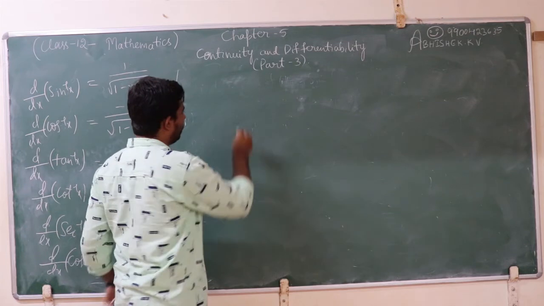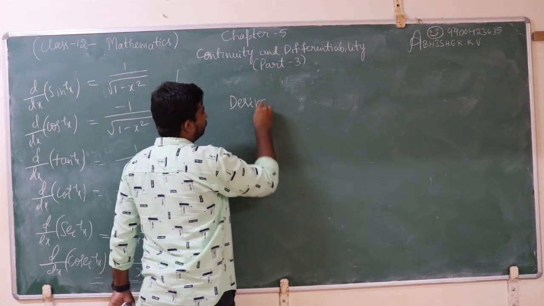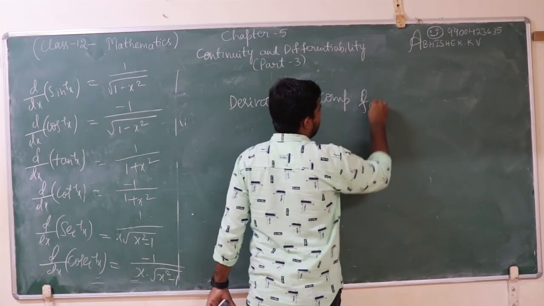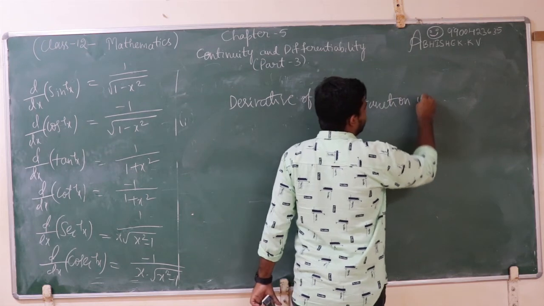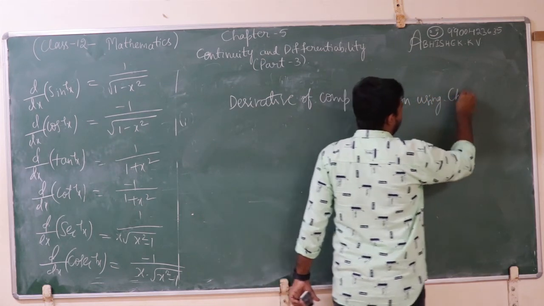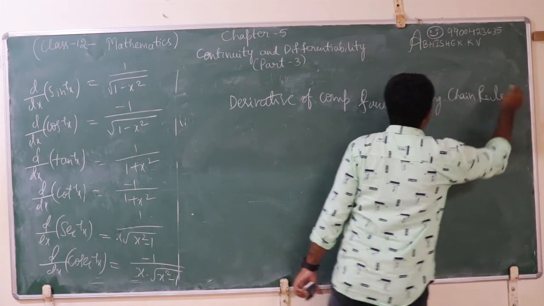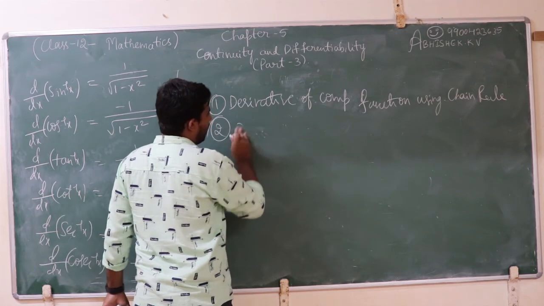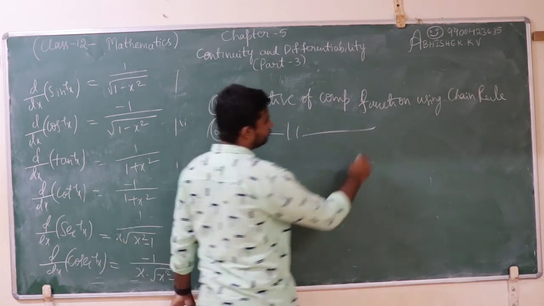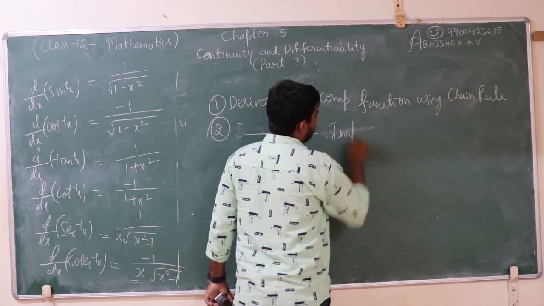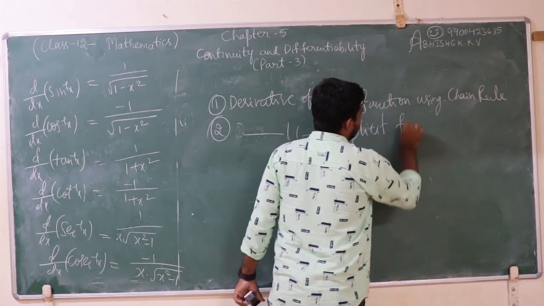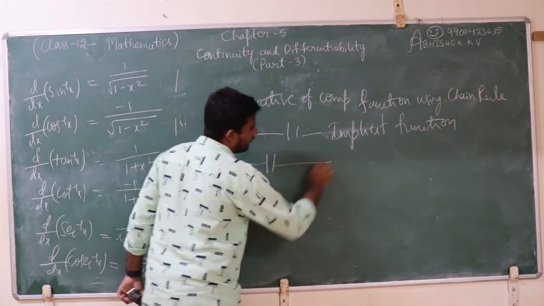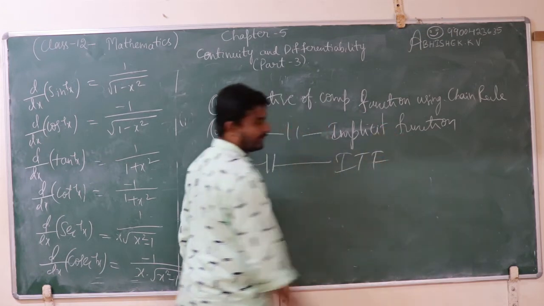In part 2, we completed the derivative of composite function using the chain rule, and the second one is the derivative of implicit function, and we completed the derivative of inverse trigonometric function.